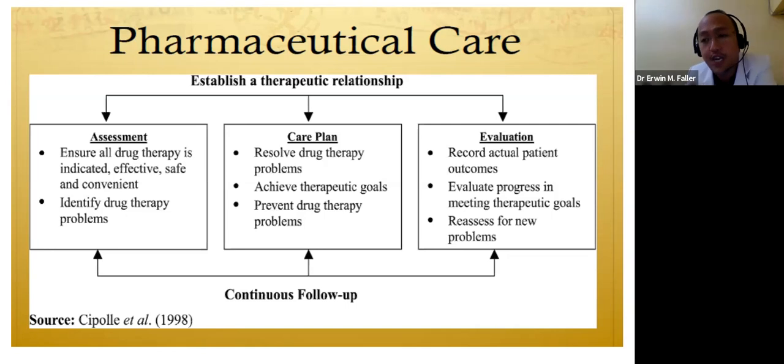Okay? Including the medication history: the current medication of the patient and the previous medication of the patient. At the same time, the social history that may affect your medication, and of course any allergy to drugs or food, and the herbal products the patient is taking are part of the medication history.